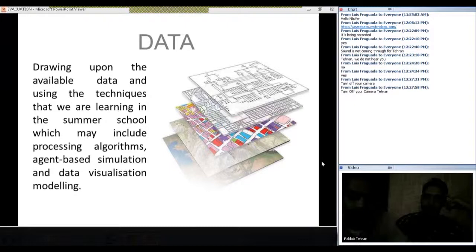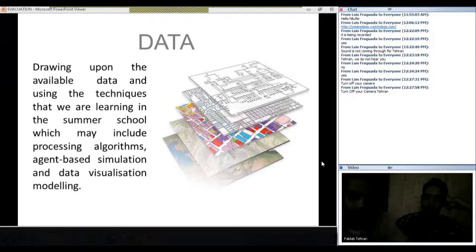So much of our data is now available online, and we can use it. But we're going to process these data, overlay them, and then visualize the outcome.